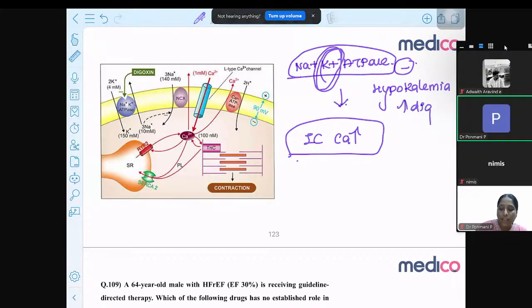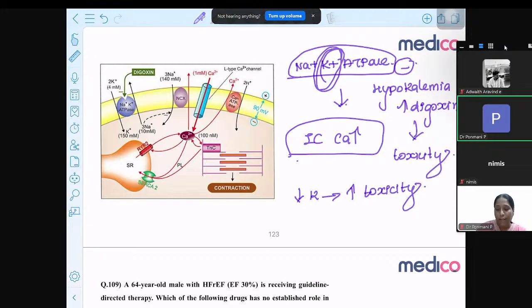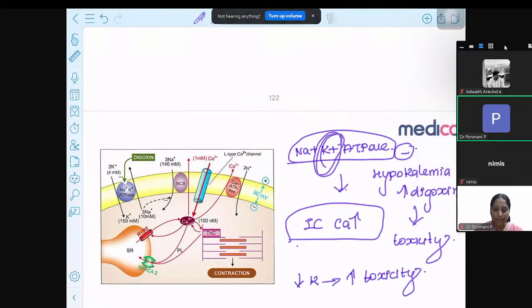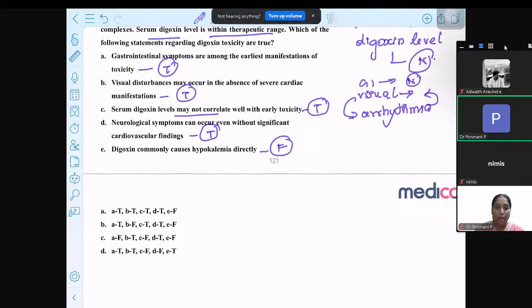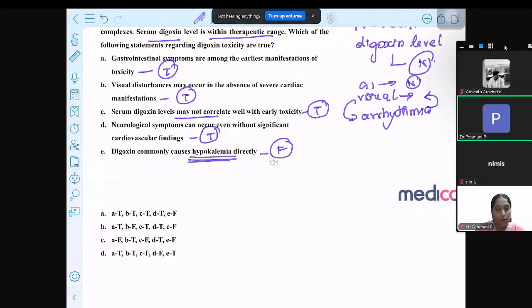More digoxin goes and binds, and hence there is going to be toxicity. So hypokalemia can increase the chances of toxicity of digoxin, because the potassium binding site of the sodium potassium ATPase will be free, so more digoxin will go and bind to it. That is why option E is wrong, because digoxin does not cause hypokalemia. Hypokalemia only causes digoxin toxicity.